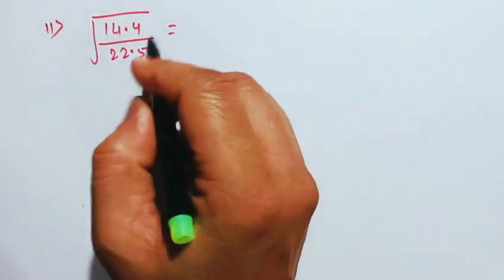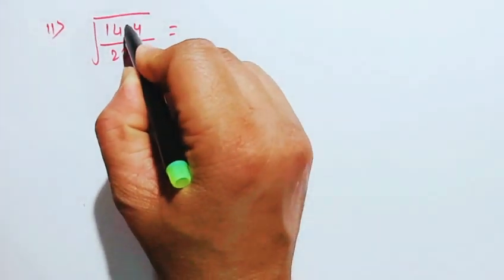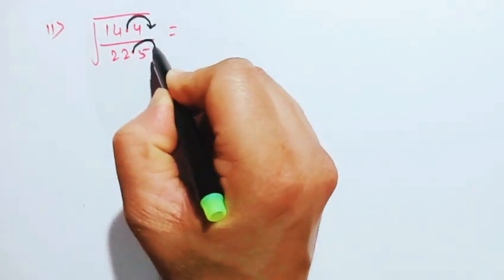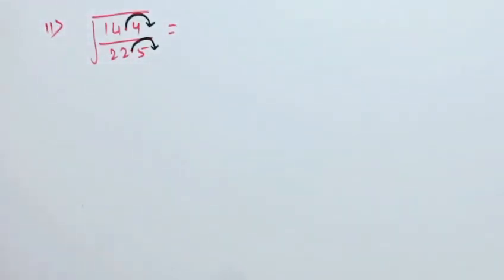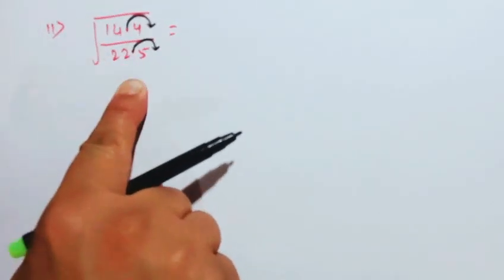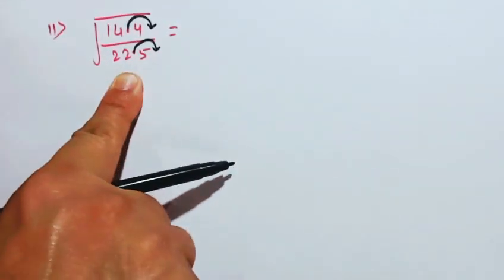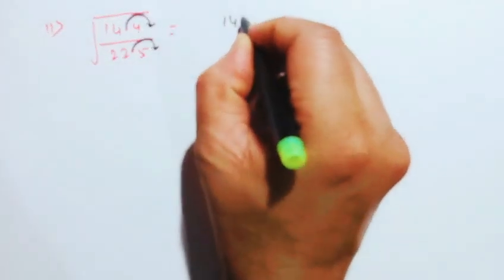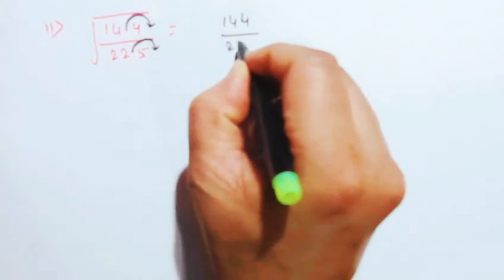So now when we remove the decimal by one place from the numerator, I'll have to remove one place from the denominator also. Actually, we should first start from the denominator, because we want that the denominator should be devoid of any decimal. So this is equal to 144 by 225.